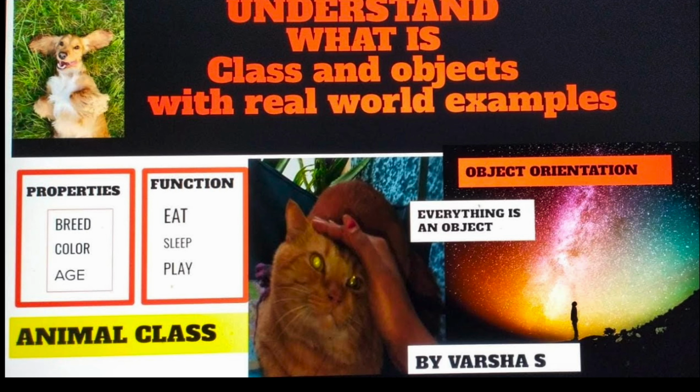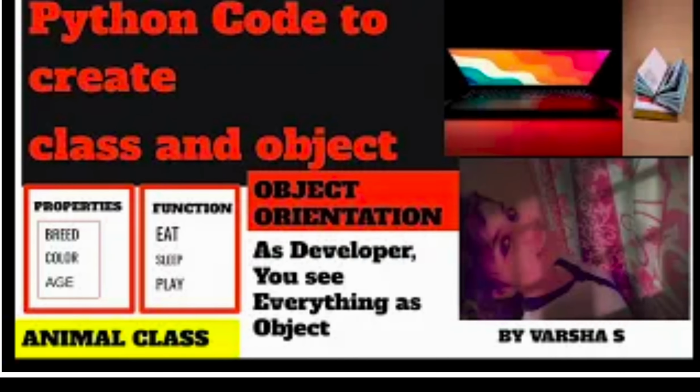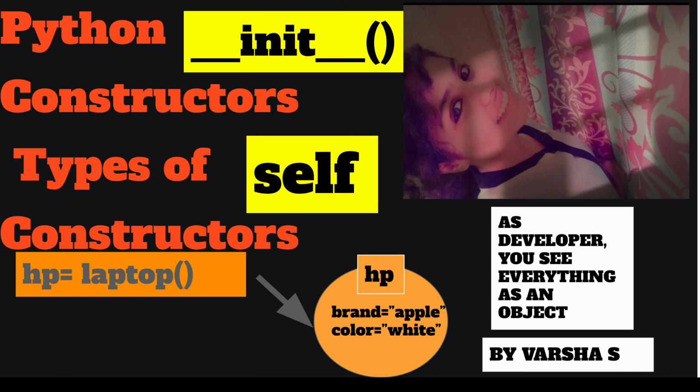So this video will help you to understand the theory concept of class and objects. And then you can watch this video where I showed you how to write Python code to create class and object, and also I have explained about self keyword and even init method. So in today's class we will look into the types of constructors. So let's get started.